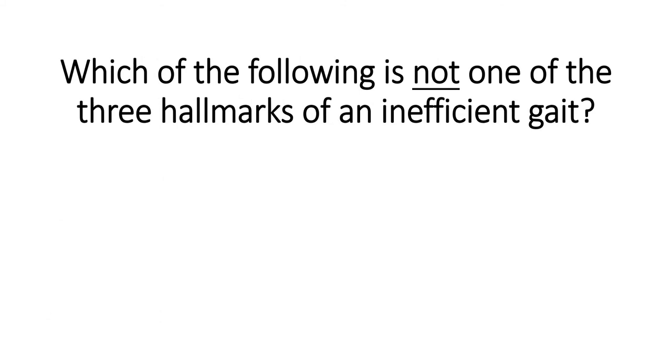Which of the following is not one of the 3 hallmarks of an inefficient gait? You could also say which of the following is not one of the hallmarks of an economical or an uneconomical gait. A. Bi/unilateral muscle asymmetries. You could just say muscle asymmetries if you want, but both.